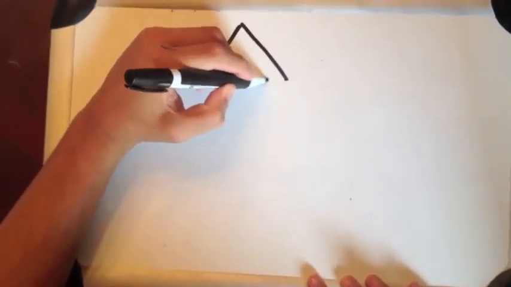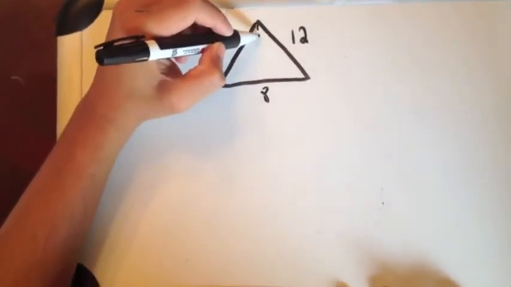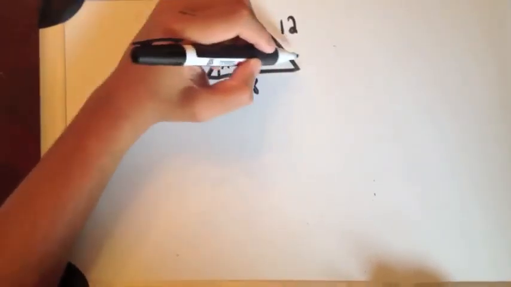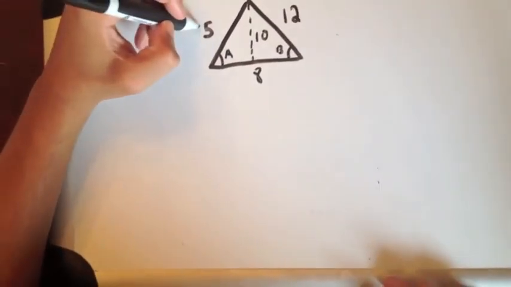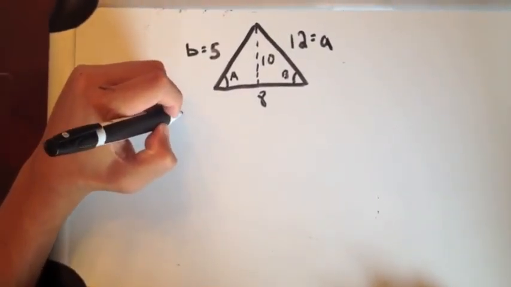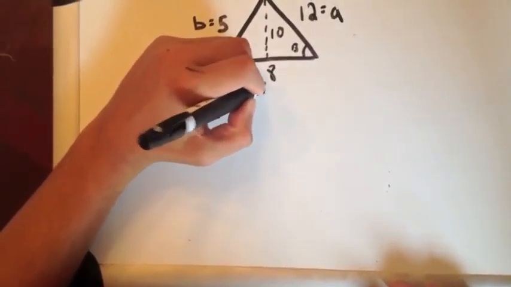So now let's go back to the normal Al-Jayani's law of sine. So let's give all the sides values of 5, 12, and 8. And we'll say that the height is 10 because we need that as one leg. So we have angle A and B and sides a and b. Again, angle is opposite to side.